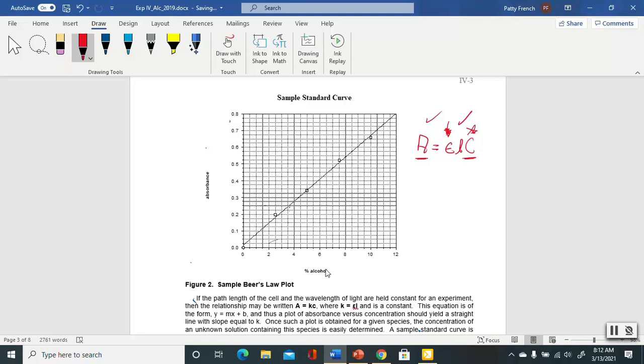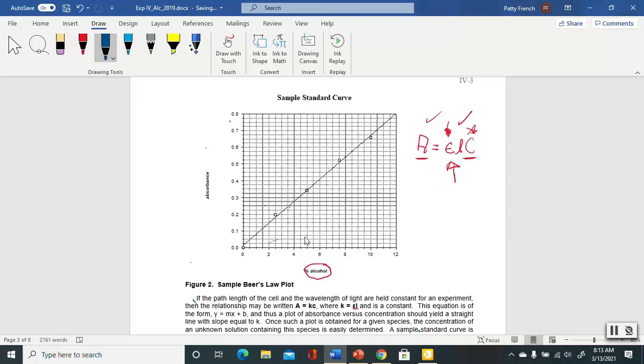And the way we get around that is by making a number of standard solutions. Solutions that have a known amount of alcohol, a known percentage of alcohol that you're actually going to make. And then you're going to measure the absorbance for those known samples. They're going to be made exactly the same way that your unknown is made. So the same solution, so that in theory, they're all going to have the same molar absorptivity. So we knock that right out.